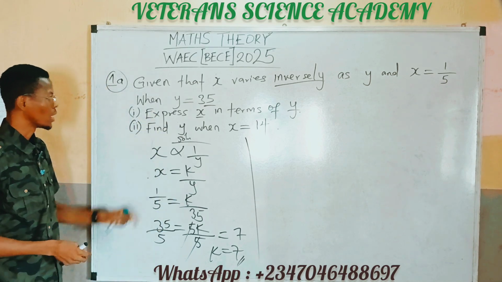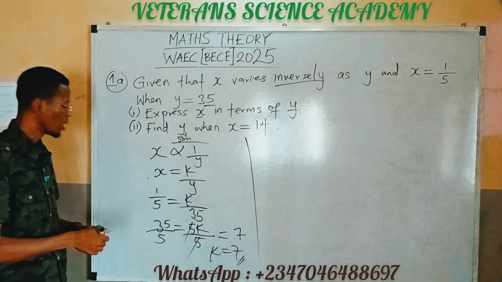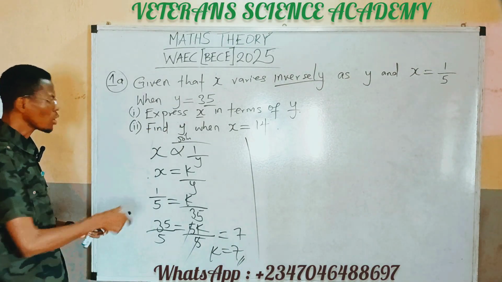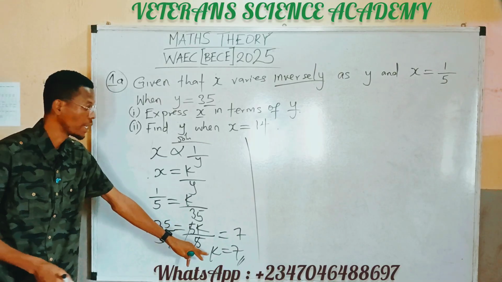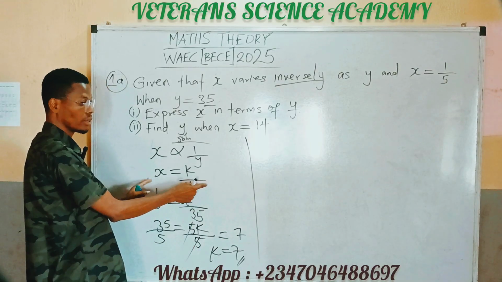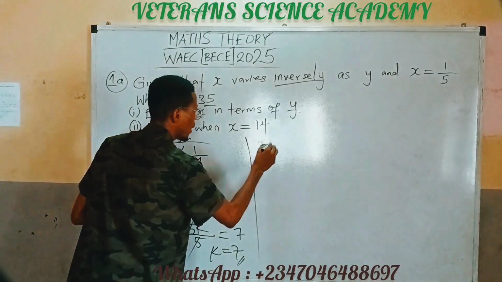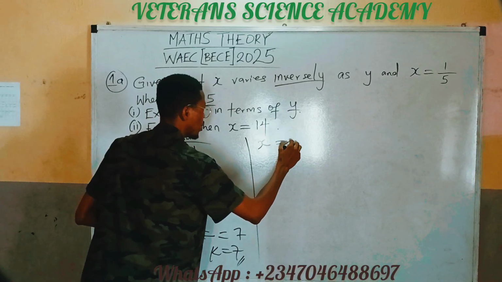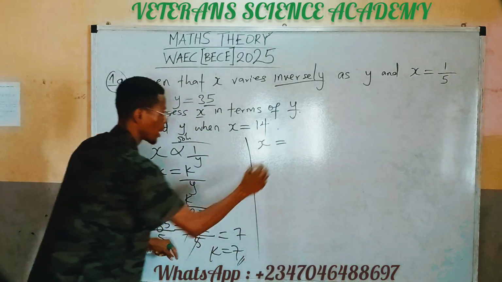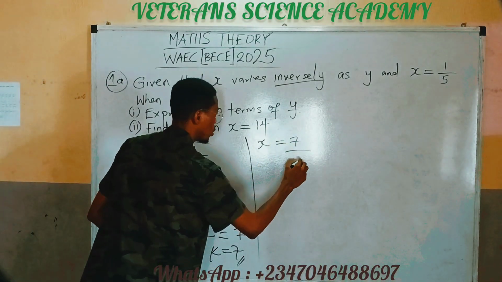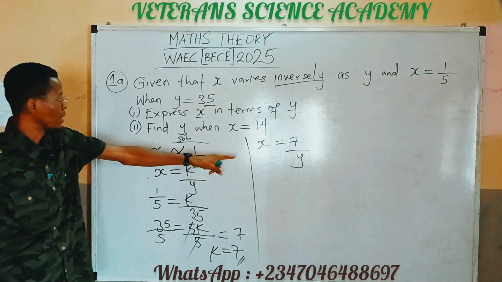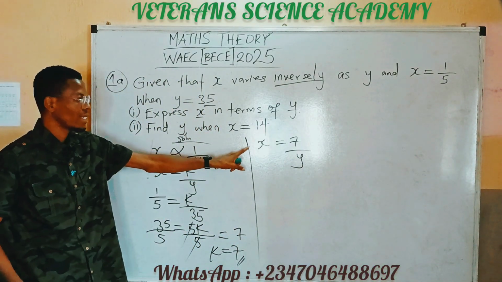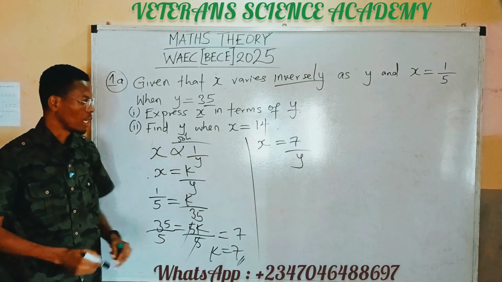So let's quickly do it. Express x in terms of y. We substitute the value of k inside this. Now we have x is equal to 7 over y. This is our answer for part I. We have expressed x in terms of y.